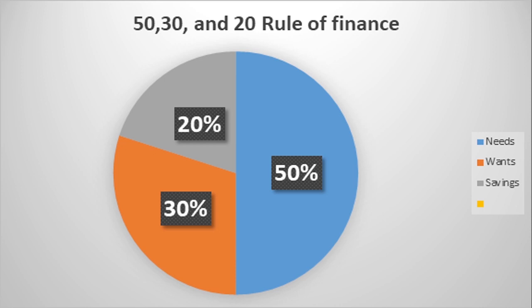So I was able to remain with 14,500 shillings. If I've saved some money from my needs, the 50% which I'm supposed to spend on my needs, I'm going to put it back in my savings account.